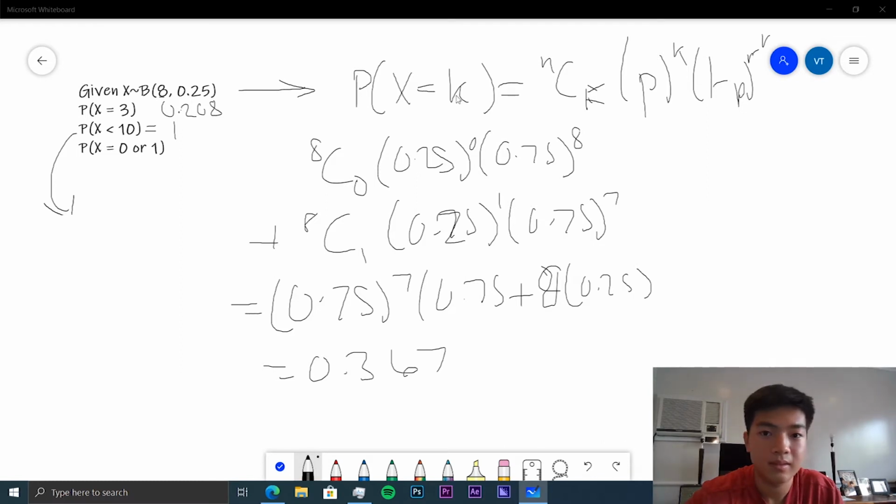Okay, apparently it's not. Have I read this wrong? X is B(8, 0.25), probability X is 0 or 1. That's weird.